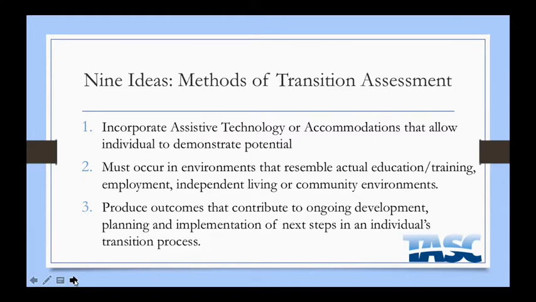However, if we're doing specific components and we're not doing it in an environment that resembles employment, the student doesn't know why they are doing that specific assessment. They may not do their best, or they may not understand the context of why it's important that you see that particular skill set. The methods must produce outcomes that contribute to ongoing development, planning, and implementation of next steps in an individual's transition process.